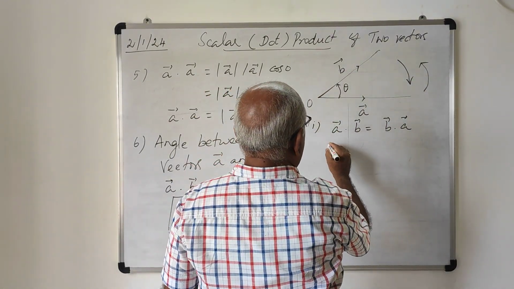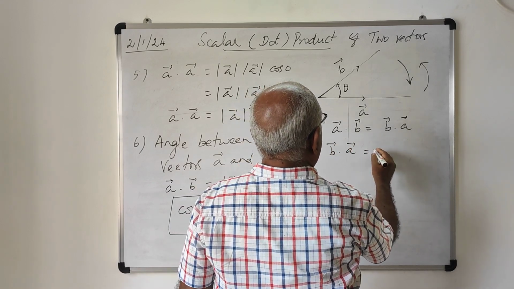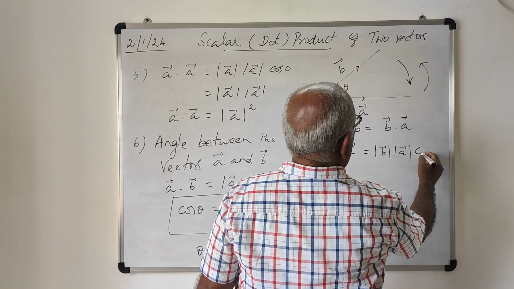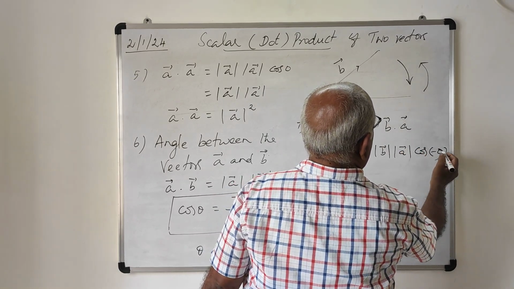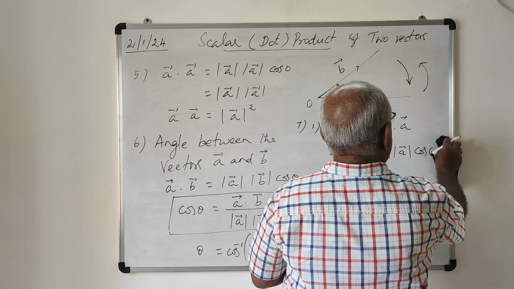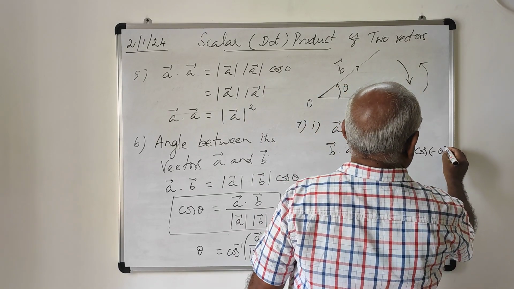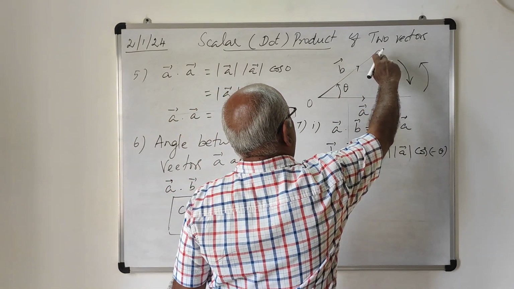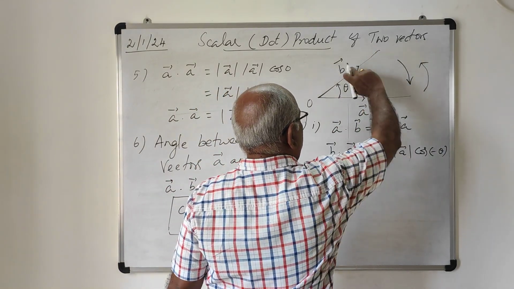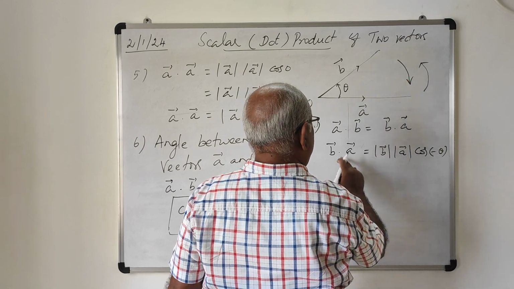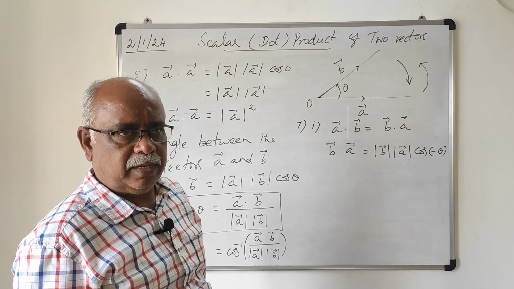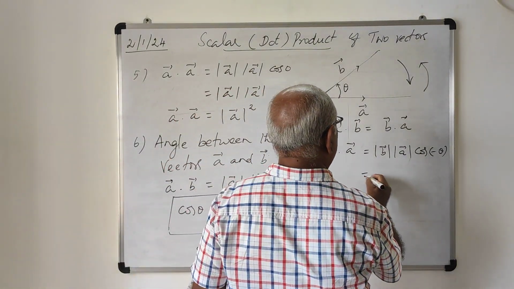B dot A equal to mod B into mod A into cos of, in the reverse clockwise direction, angle is minus theta. Anti-clockwise is theta positive, clockwise direction theta is negative. So B dot A is clockwise direction, angle should be measured in negative direction. Therefore, cos of minus theta.